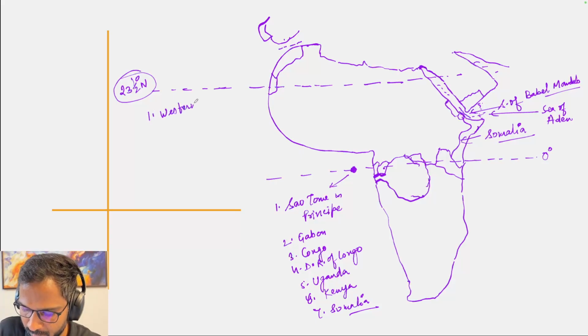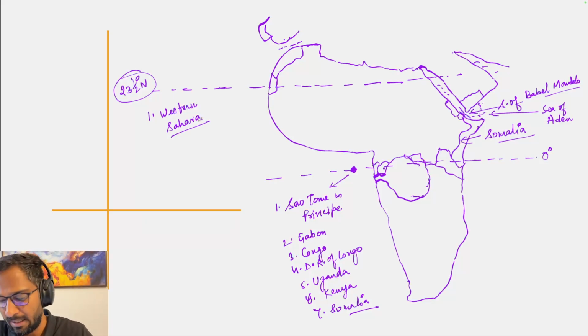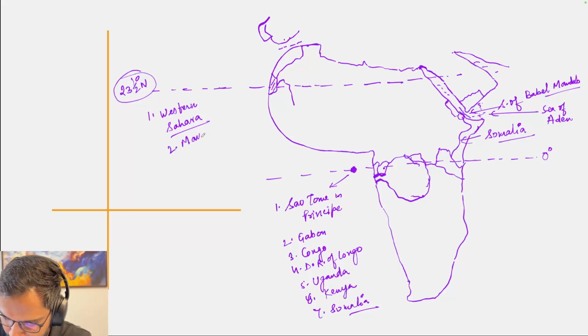Western Sahara. We'll discuss the deserts and mountains of the African continent in detail. But for now, just remember this country is Western Sahara. And from the southern side, a country will come called Mauritania. This second country is Mauritania. Then again from the southern side, a small country called Mali.